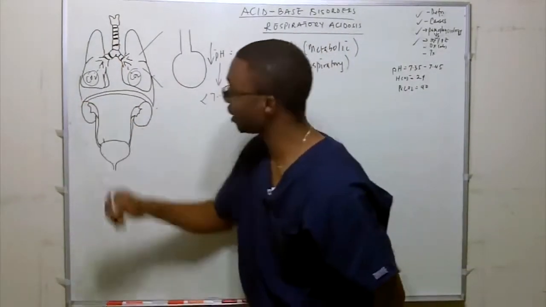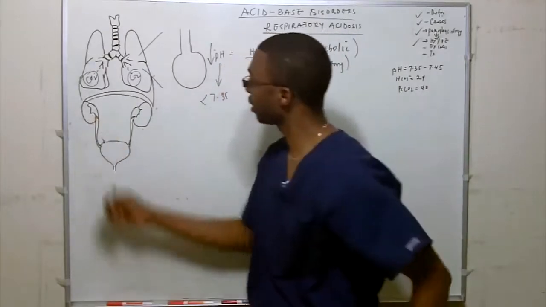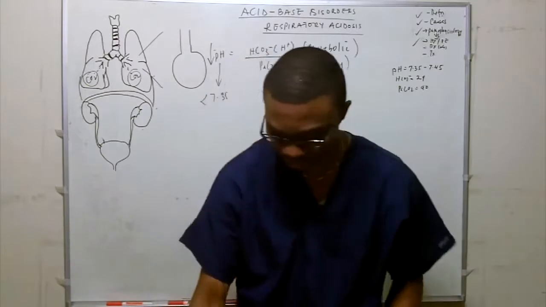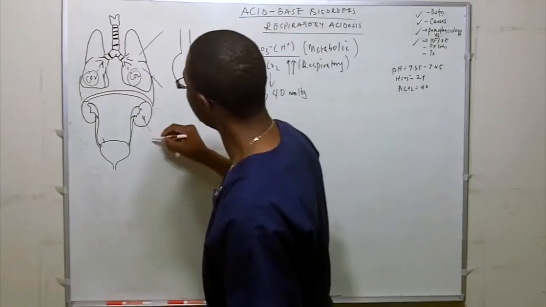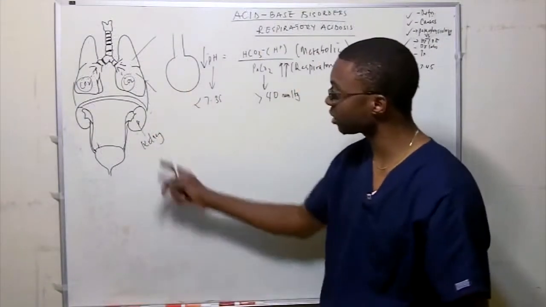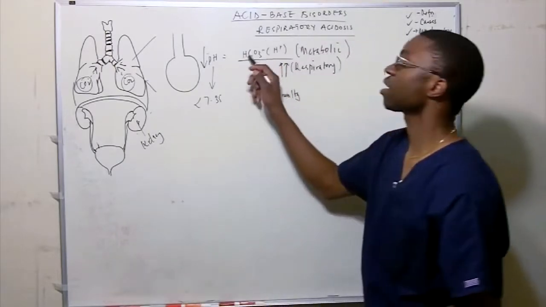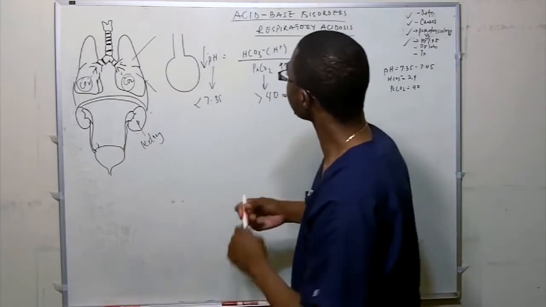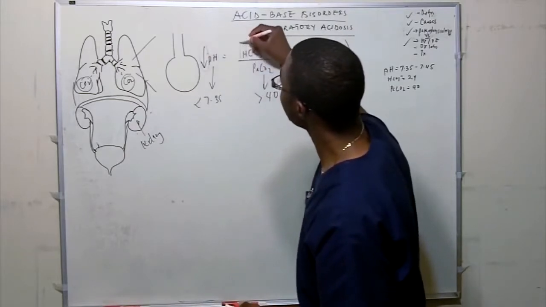Unfortunately, if you can't do that, the only way you can maintain this is by using your kidneys. The kidneys regulate and fix these problems. And what do the kidneys do? They want to retain your bicarb, because the only way we can bring up this pH is by increasing bicarb.